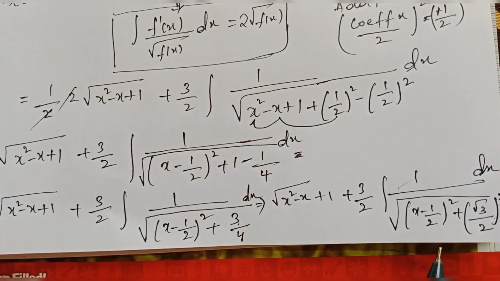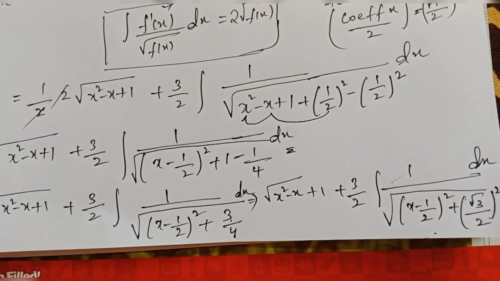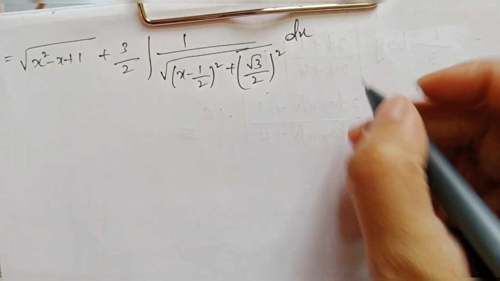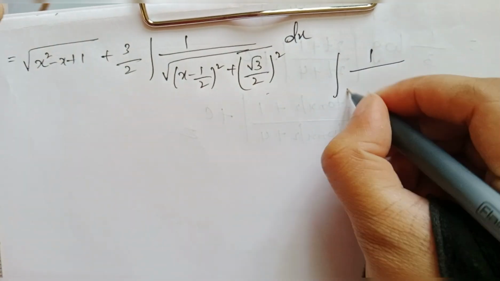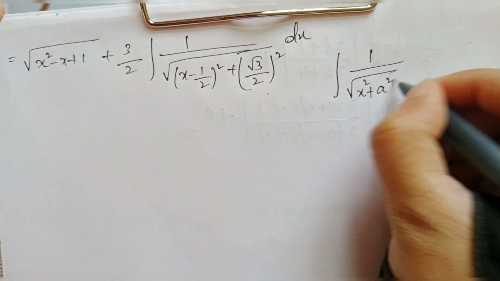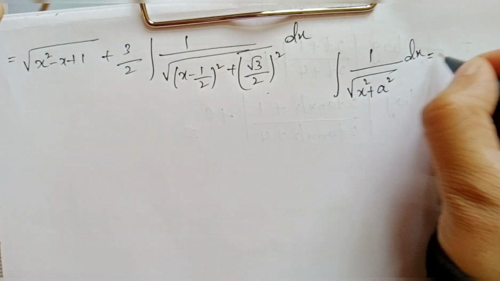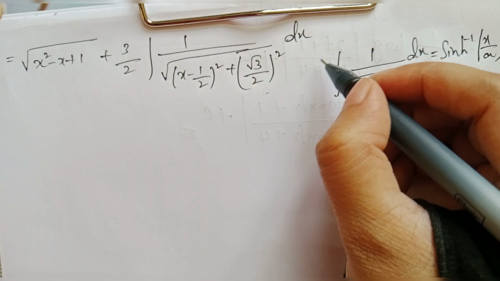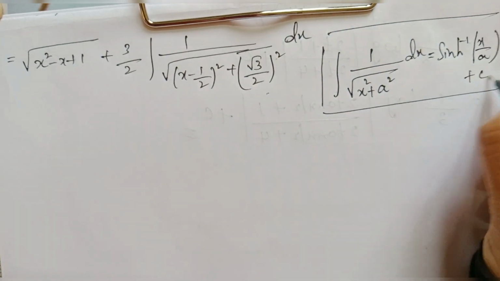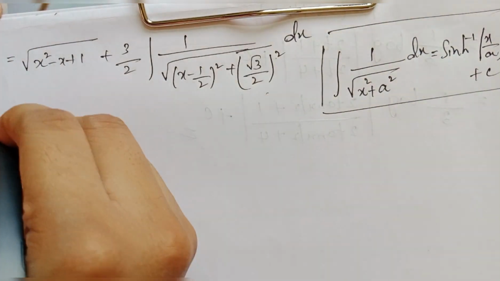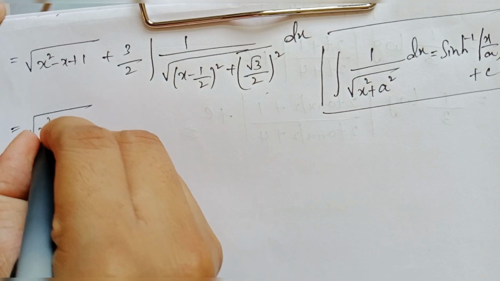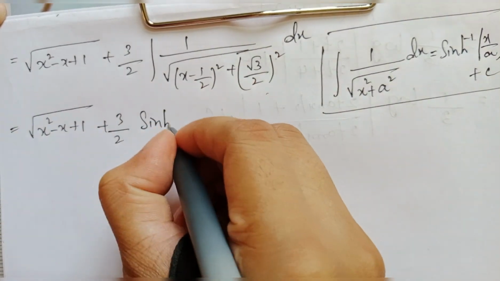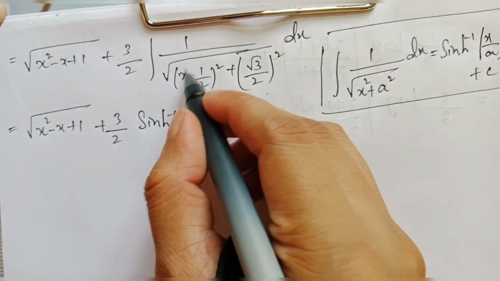Now this will come in a formula form. So now here we can apply the formula, that is integral 1 by root of x square plus a square dx, which is equal to sine h inverse x by a plus c. So here we apply that formula, and we'll get root of x square minus x plus 1 plus 3 by 2 sine h inverse x, so this is the value of x, right?